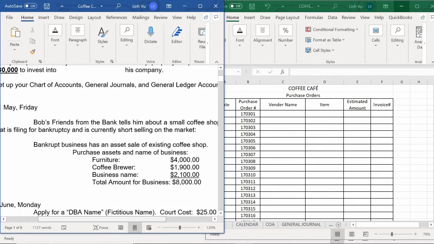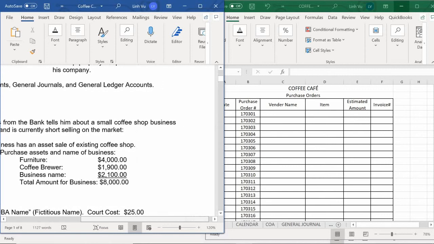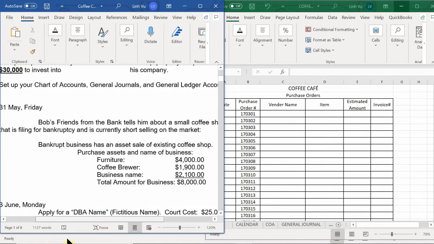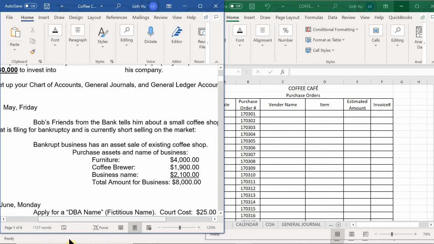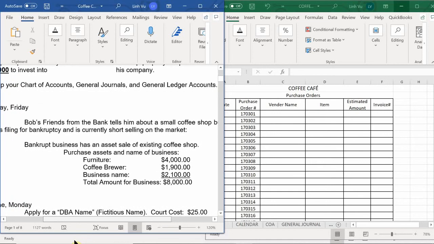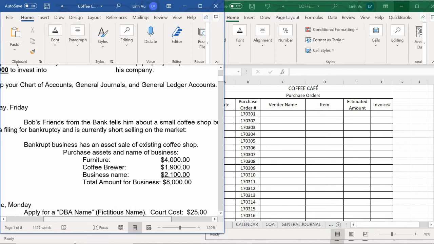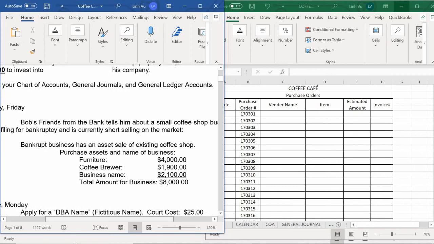Of course, he currently is short selling on this market. So Bob decides to jump in and purchase the business the way it is, because it's exactly what he wants. It's a coffee shop, and that's what Bob wants to do. So he decided to buy out this small business to start up his own coffee shop business.